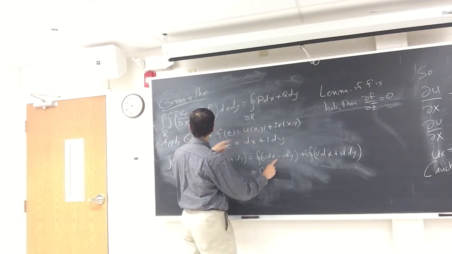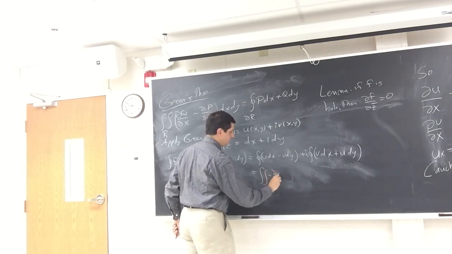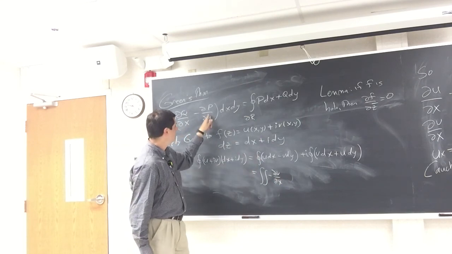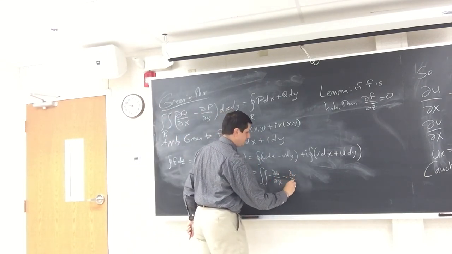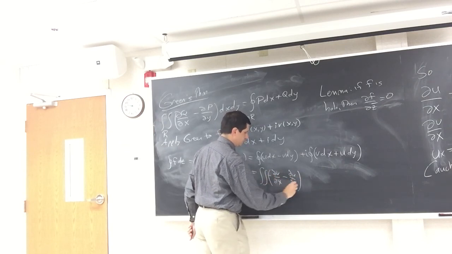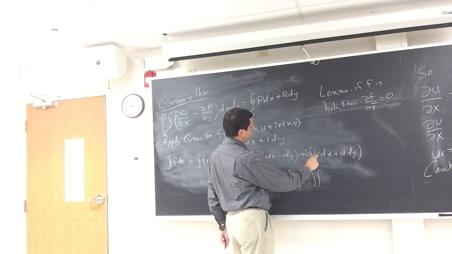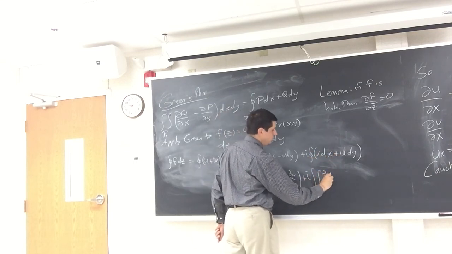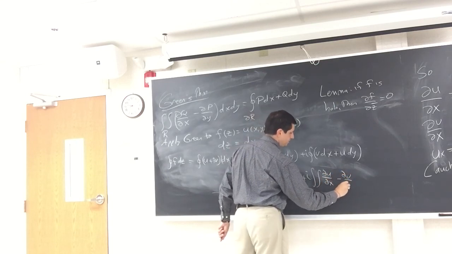Q is negative v, so we get negative dv dx. And now P is equal to u, so we get negative du dy. And then over here, Q is equal to u, so we get du dx minus dv dy.